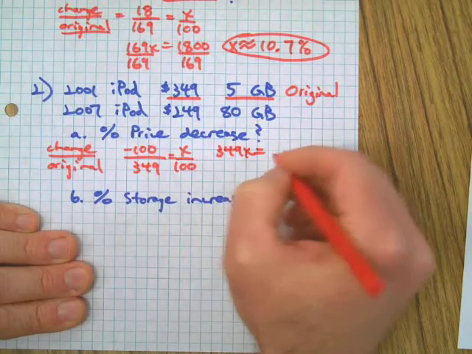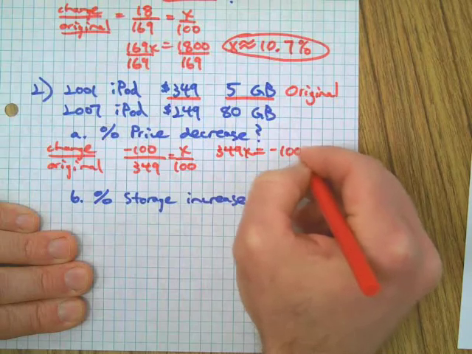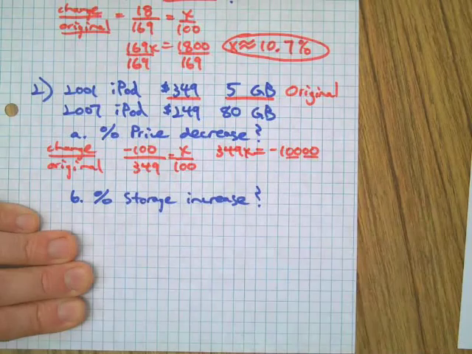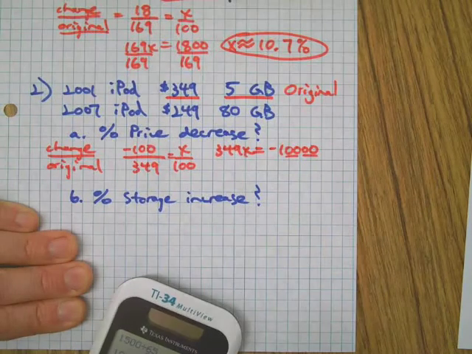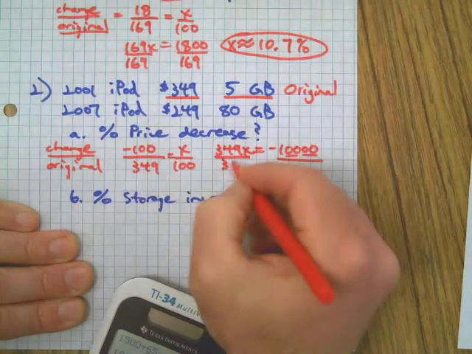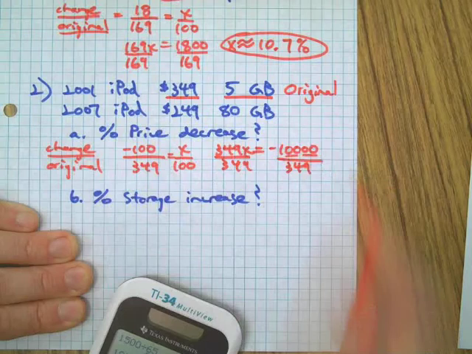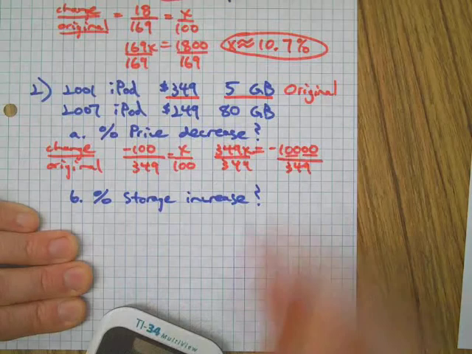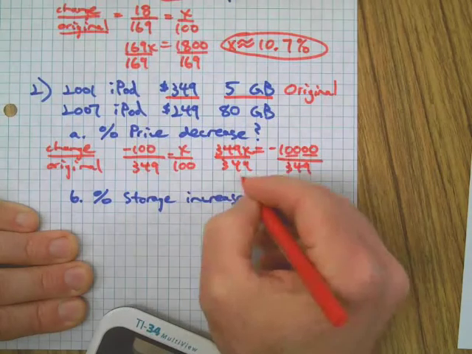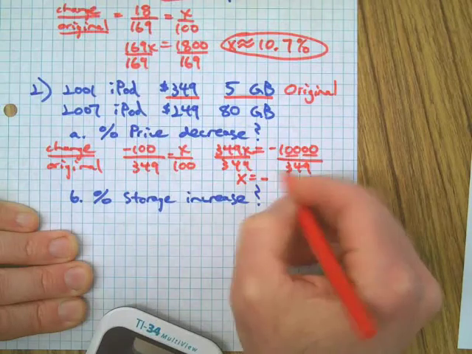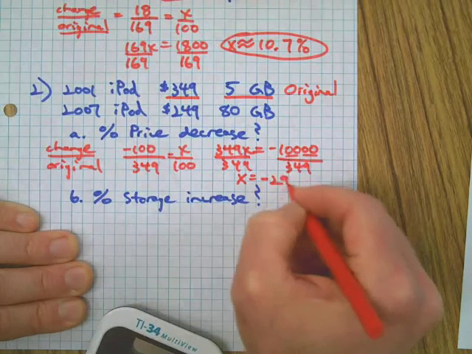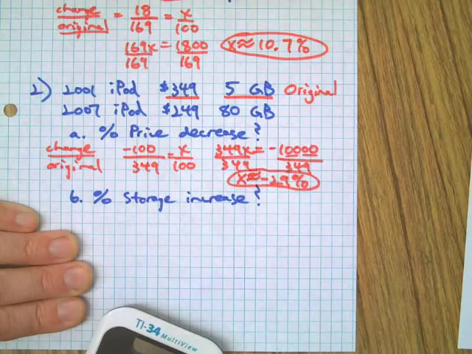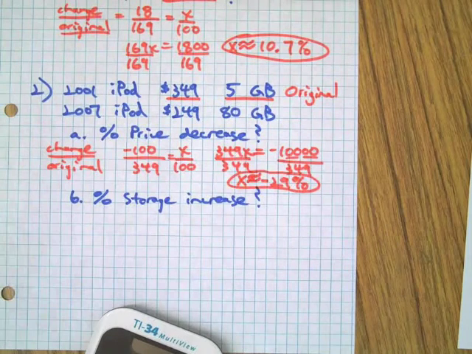And that's the idea, is you have a system that you can trust. Okay, 100 times 100 is 10,000 because there's 100, there's the other 100. Remember, when you multiply zeros, you're adding zeros. Divide both sides by 349, which was the original price. And we have a decrease of about 29%. Went down 29%.